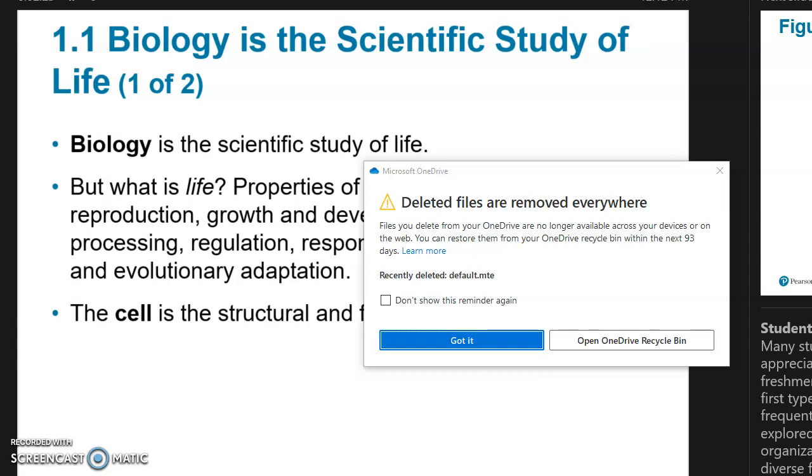The ability to reproduce or reproduction, growth and development, energy processing, which would include all types of metabolism and all of the chemical reactions that take place inside the cell. Regulation, which is another way of saying the ability to maintain homeostasis. Response to the environment, which would encompass movement, and then evolutionary adaptation.